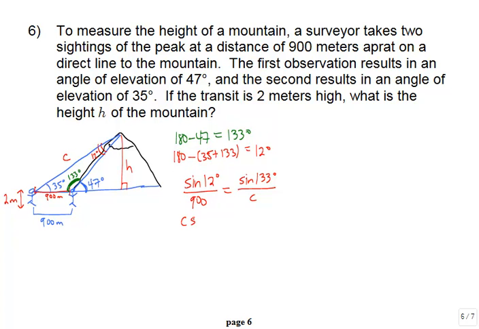I'm going to cross multiply, and then divide both sides by sine of 12. Then you would punch that into your calculator, and you get that C is approximately 3,165.86. So that's this side over here.